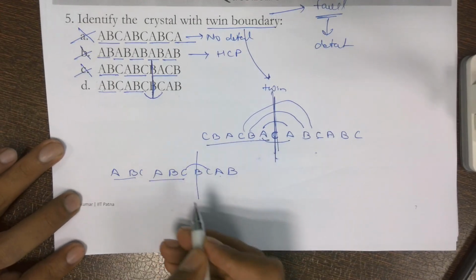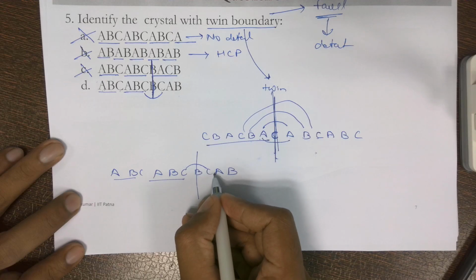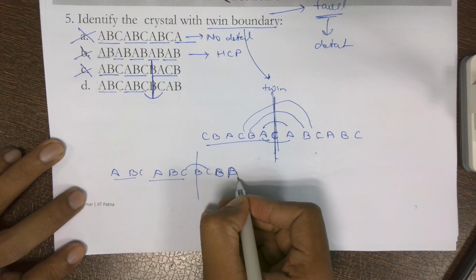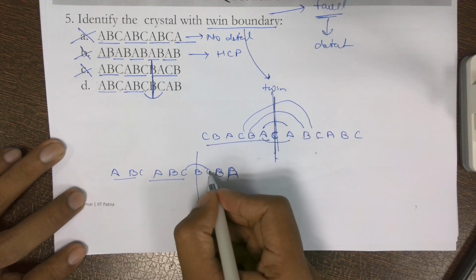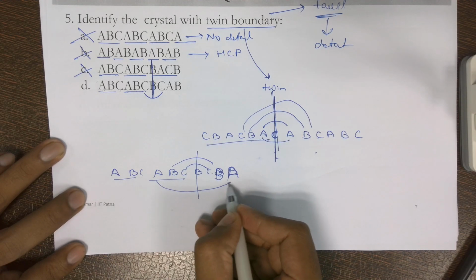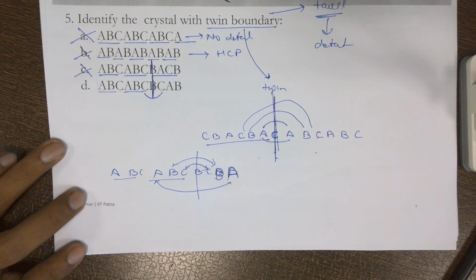This is reflected. So instead of this, what should be there? It should be B over here, and here it should be the A. So this question is from the NPTEL, right? The assignment question it is.